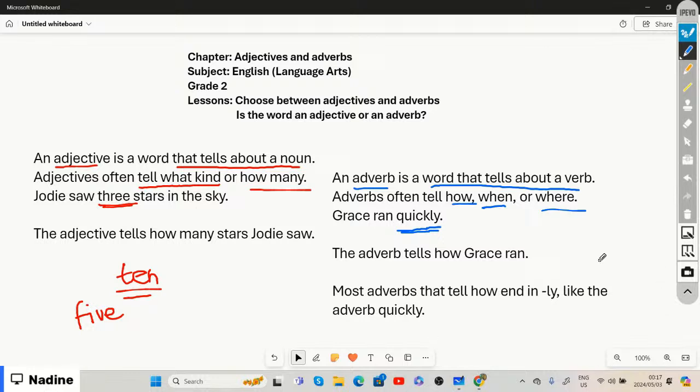So basically, most of our adverbs tell us how, and how then ends in ly, like the adverb quickly, because now we are saying what Grace did.